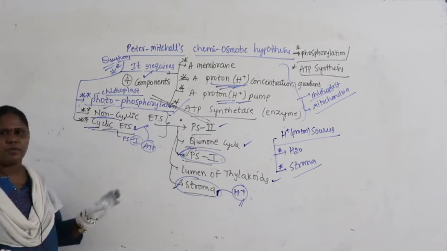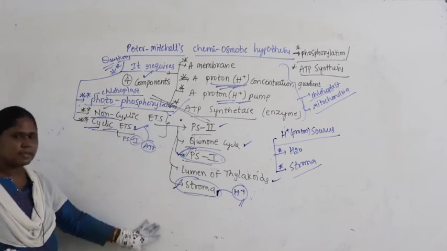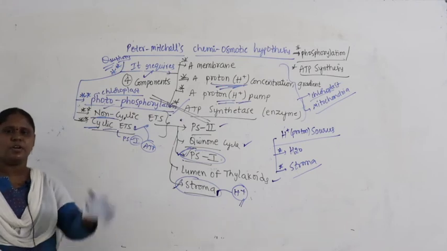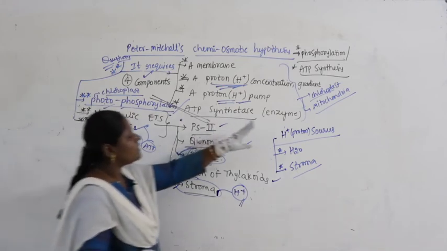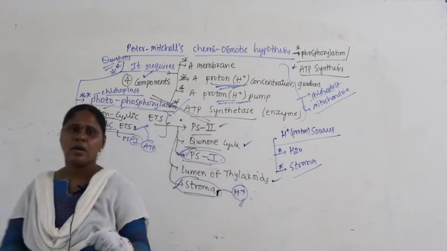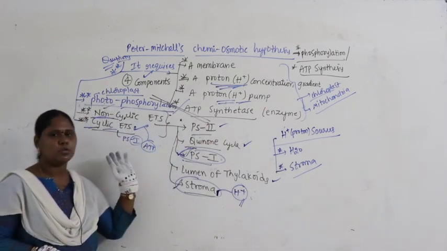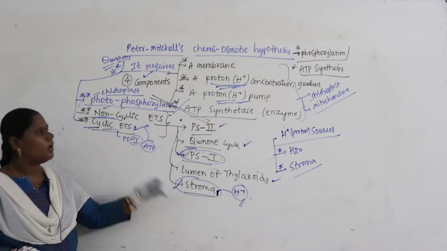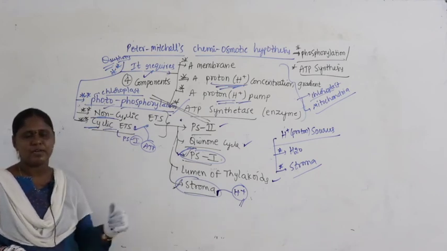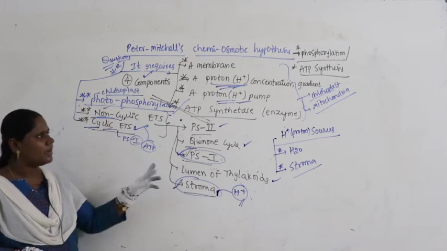Generally students read photosynthesis and understand photophosphorylation. In the next chapter, they read respiration, and at that time they study mitochondria and oxidative phosphorylation. But if the question is related to both chloroplast and mitochondria, both photosynthesis and respiration, they will find it tough to answer the interrelated questions.